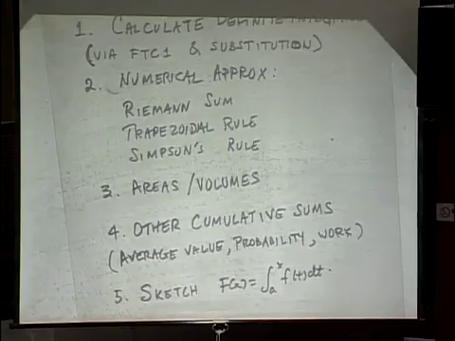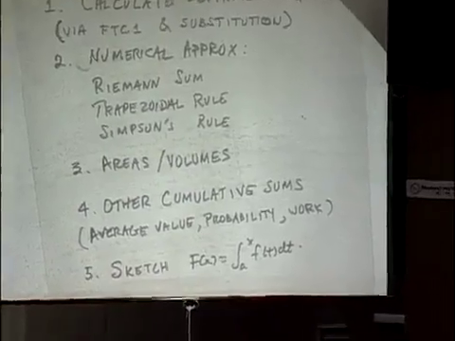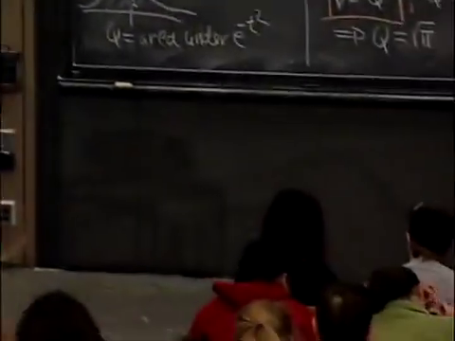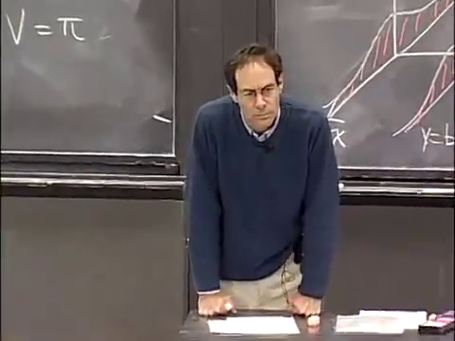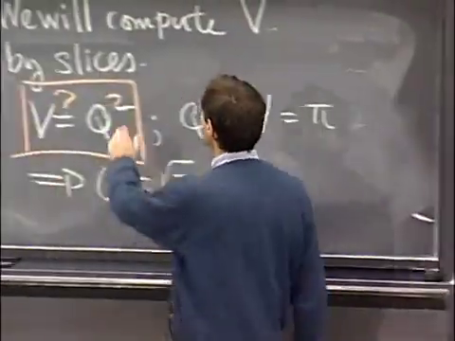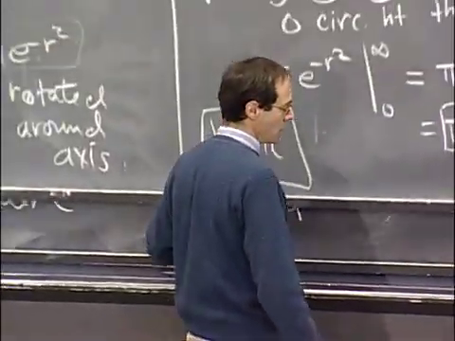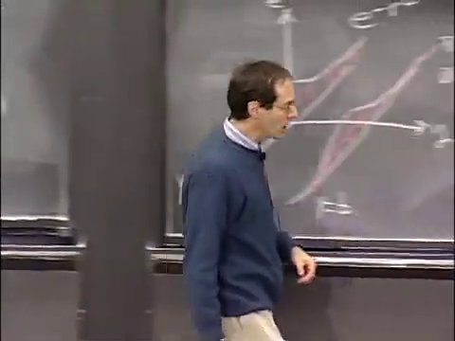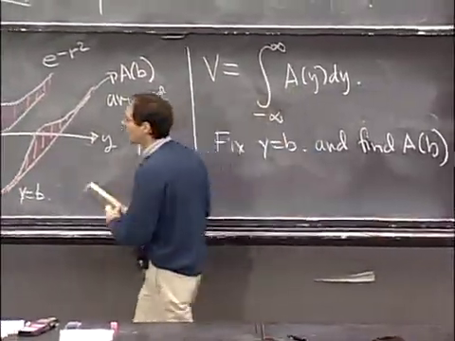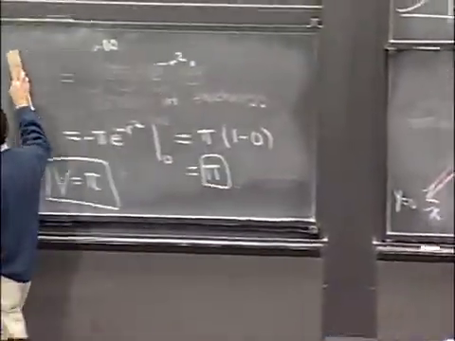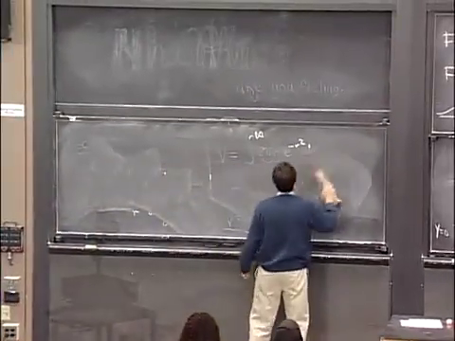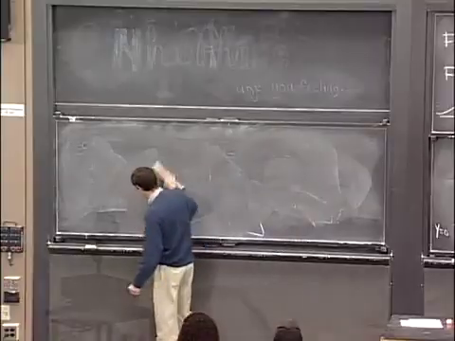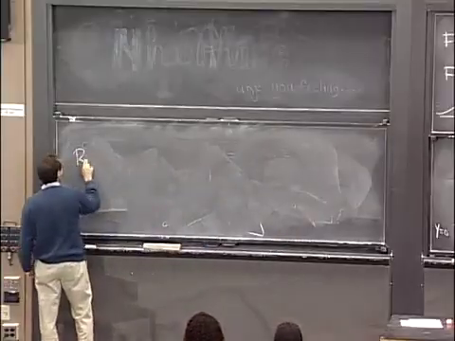Yes, question. As far as the numerical approximations go, the sums, what's the difference between upper and lower and right and left? Okay, good question. So the question is, for Riemann sums, what's the difference between upper and lower and right and left? So here we have a Riemann sum.